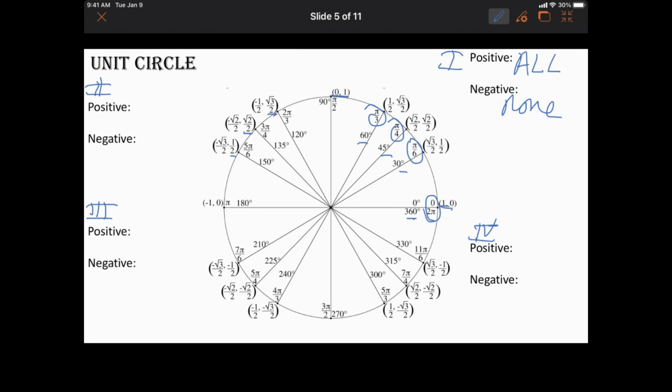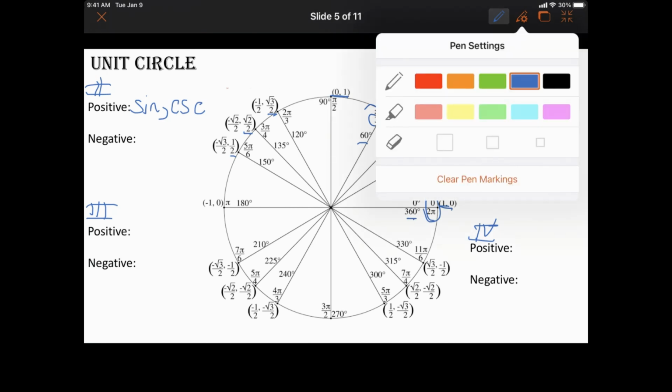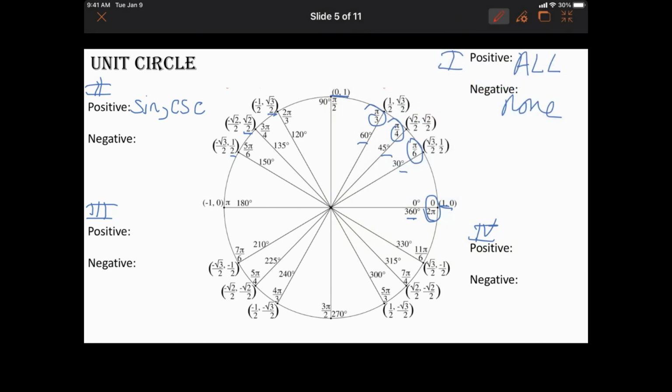So we can see that the y values are positive, which are sine. So sine is positive, and its reciprocal, cosecant, is also positive. That means all the other 4 are negative. So that is cosine, secant, tangent, cotangent.